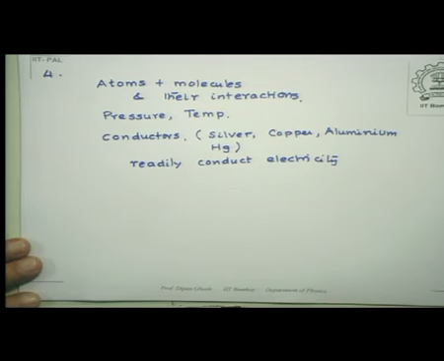So the reason it happens is that the atoms in a conductor have the ability to very easily give up, and when I say very easily, it means with very little cost of energy, one or more valence electrons. And then these valence electrons, which are contributed by the atoms which comprise that solid, all belong to the material as a whole and not to that particular atom to which they belonged.